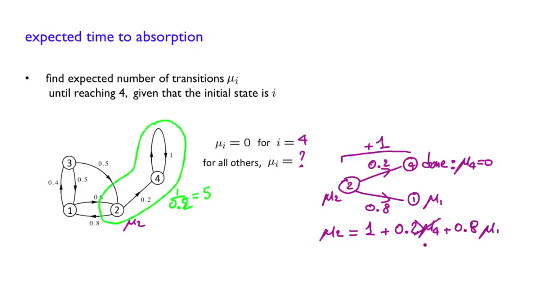Now this one is of course 0, so what you end up with is 1 plus 0.8 mu1. So you get a relation between mu2 and mu1.